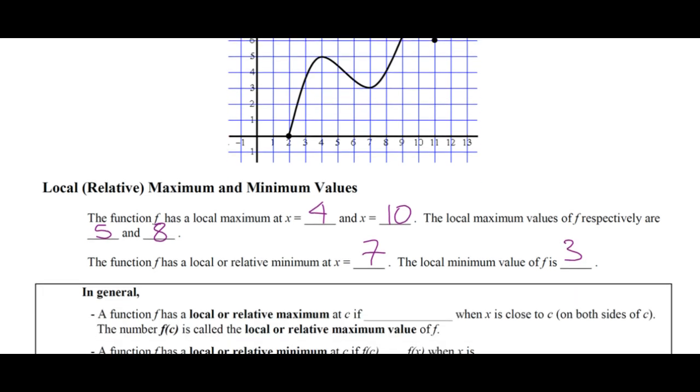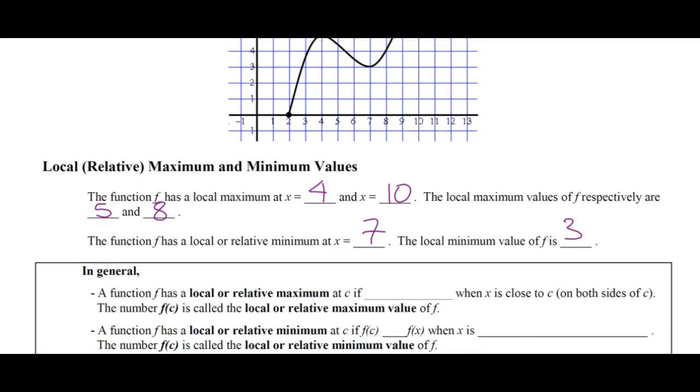Would the value at x equals 2 not also be a local minimum? Absolutely not, and here's the reason. We need a definition for a local.